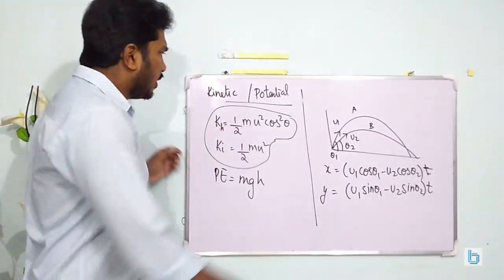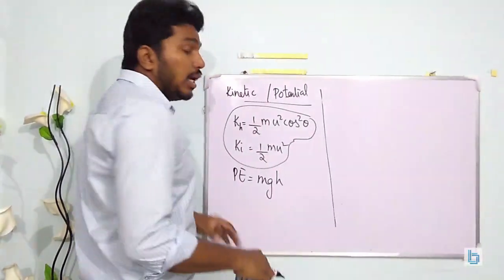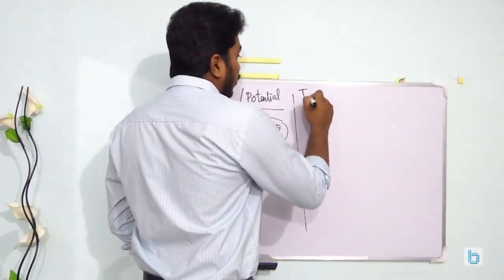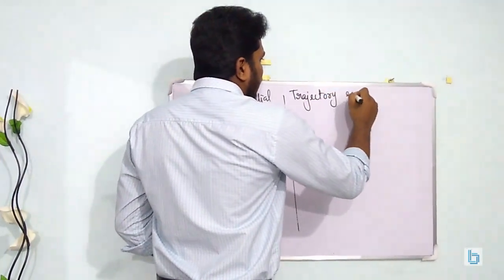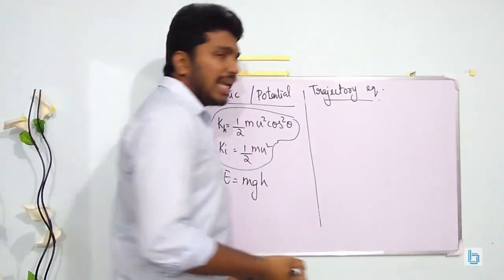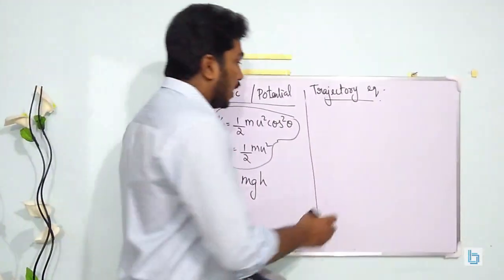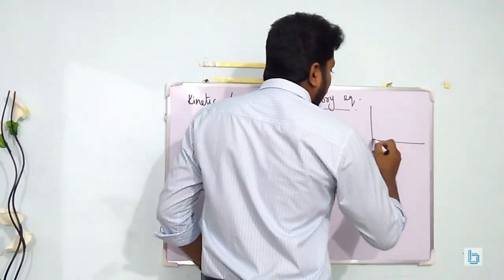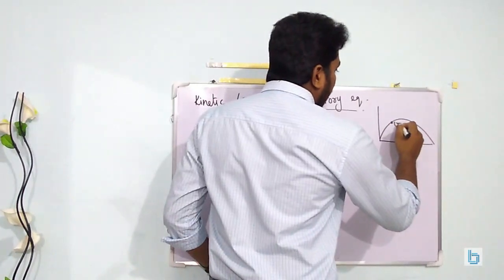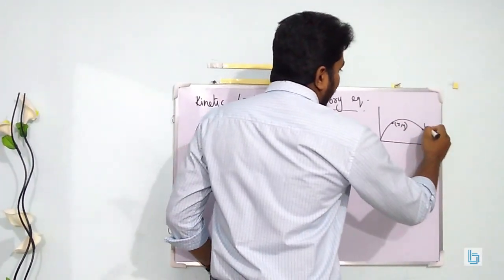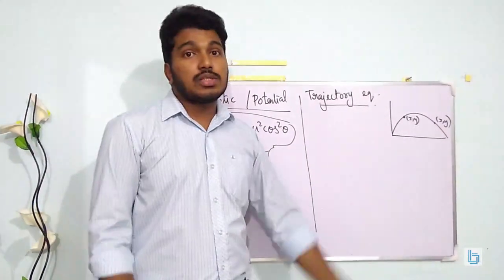Clear? Right. Now we have to learn a very important equation known as the trajectory equation of the projectile. The trajectory equation is an equation which is satisfied at each and every single point on the projectile. Suppose we are considering a point here, there will be an x and a y coordinate here, and at each and every single point the equation is valid.